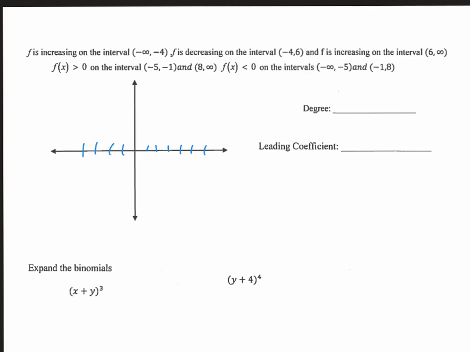Okay. So first, these critical points for increasing and decreasing, like I said before, is local max and min. So this interval from negative infinity to positive 4 has got to be increasing.